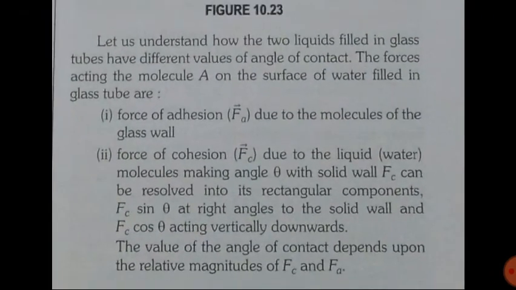Let us understand how two liquids filled in glass tubes have different values of angle of contact. These different values are there because of the force of adhesion and cohesion only, which I have explained. If the force of cohesion is less than the force of adhesion, the surface will have a concave shape. When the force of cohesion is more than the force of adhesion, the surface has a convex shape.